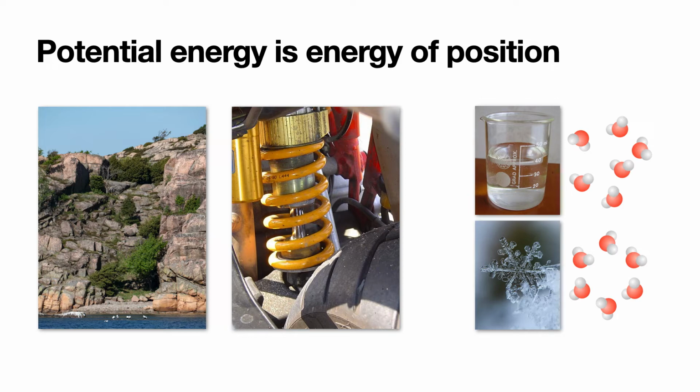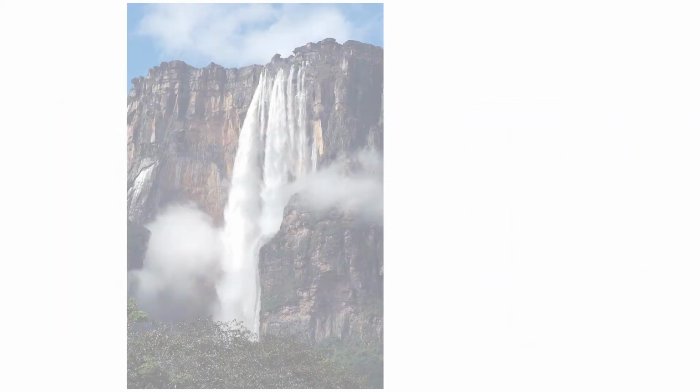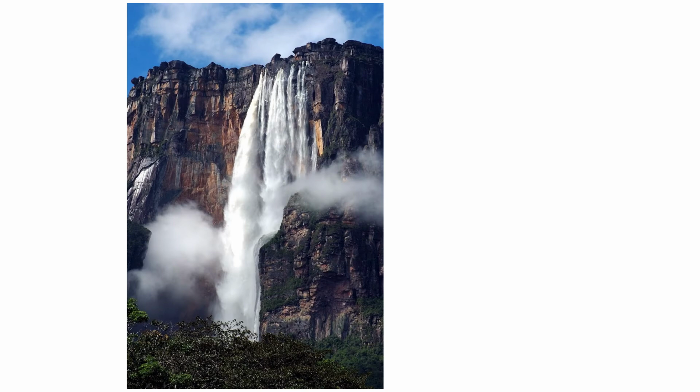And one thing that's really important about kinetic and potential energy is that they can be interconverted. So if you think about water falling off a cliff in a waterfall, at the top of the cliff, the water has a relatively high potential energy and a low kinetic energy. So it's up high, it has a high potential energy, but it's not moving very fast, it has a low kinetic energy.